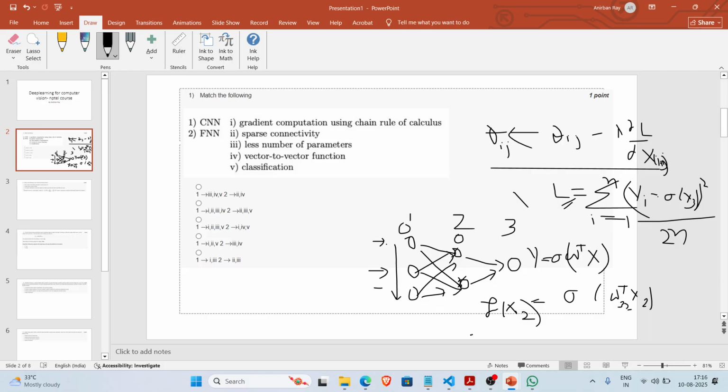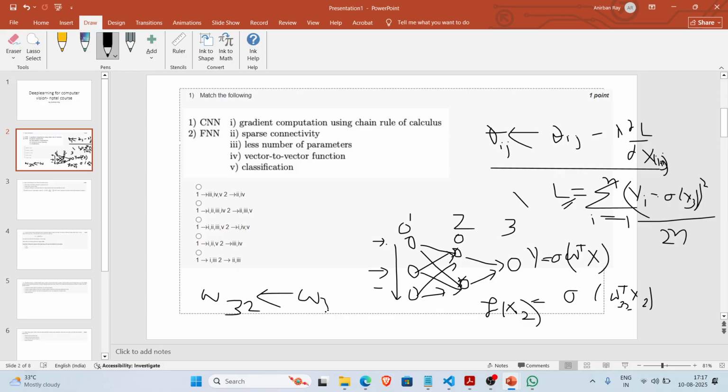Now, to update this parameter W32, you have to find, suppose these are the vectors of parameters.